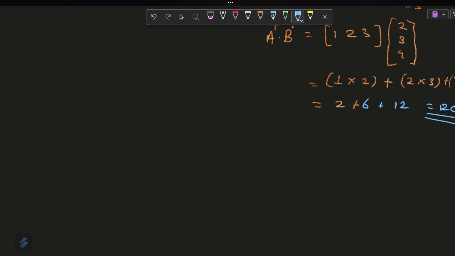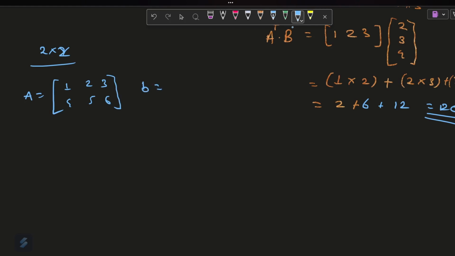Similarly, we perform it for a 2 by 3 matrix. Matrix A is a 2 by 3 matrix: 1, 2, 3, 4, 5, and 6.